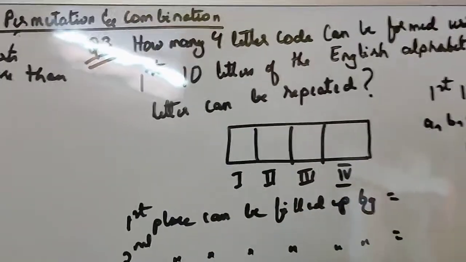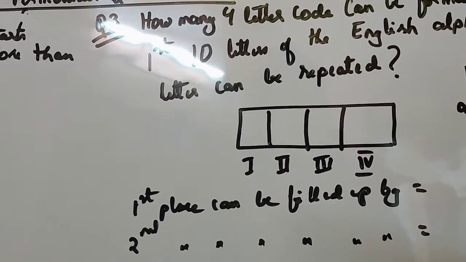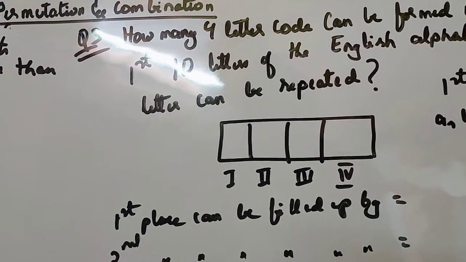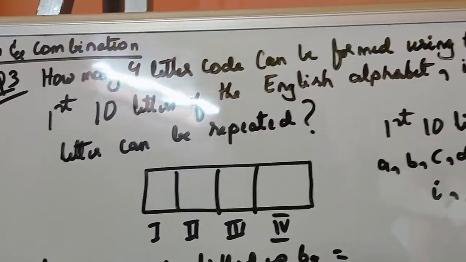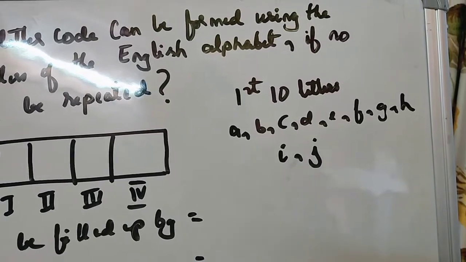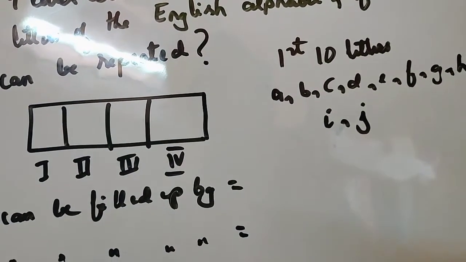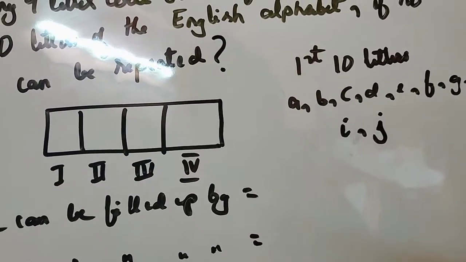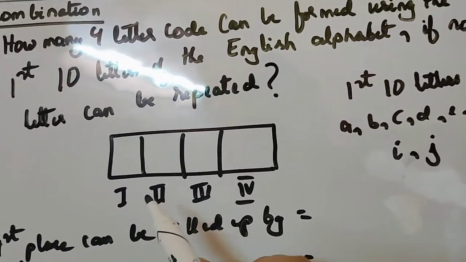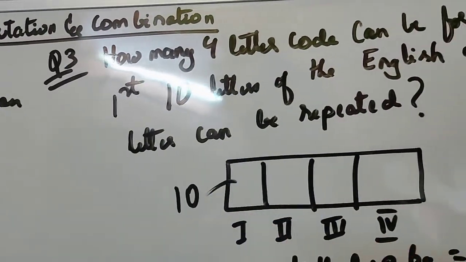So consider the first place. I can start the 4-letter code with any of these letters, A to J. That means for the first place I have 10 letters, so 10 ways.